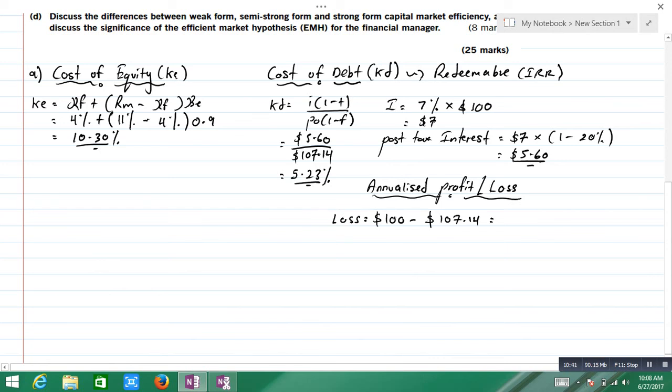So loss by 7.14, and we're going to take that 7.14 divided by 7 years, and how much for 1 year? Now we're going to get 1.02, and we're going to divide it by the par value and times 100. You will get 1.02%.